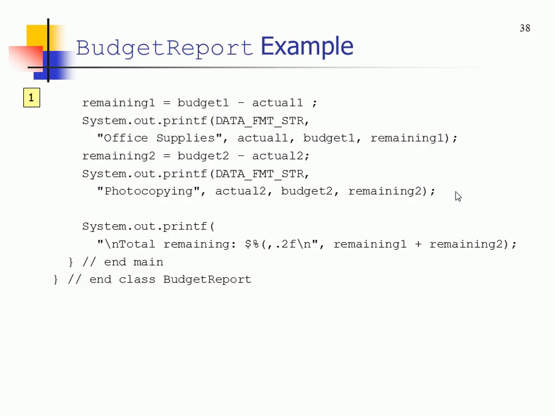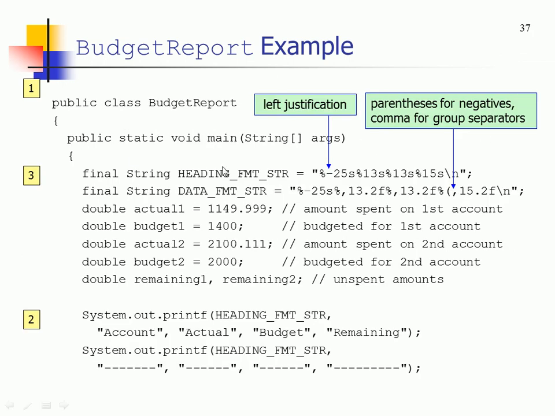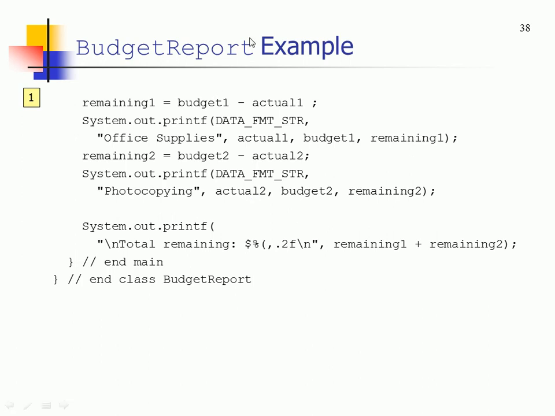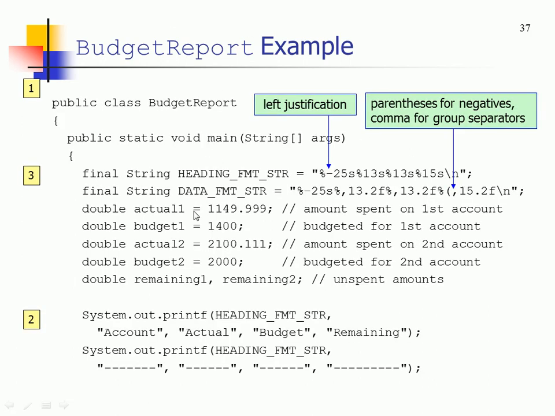Okay. All right. Actually, let's look at something real quick. You notice how they have a string here? They made a string called heading format string, and then another string for data format. Then they're using them right here. There's the heading format is right here at the bottom.